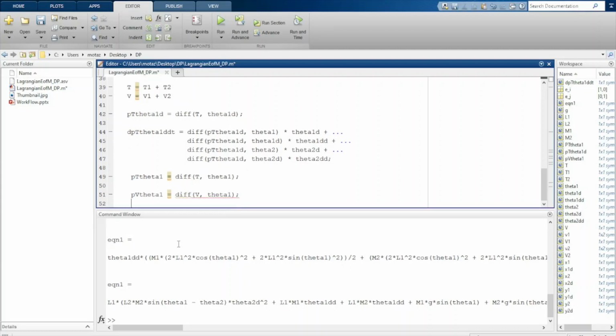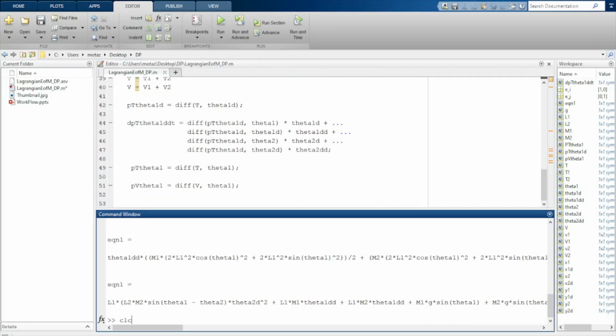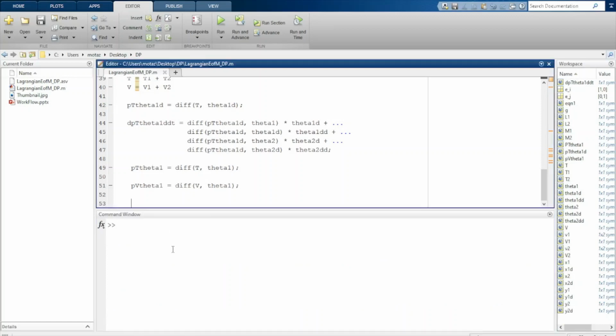Okay, and then the Lagrangian equation of motion is the first term minus the second term plus the third term. So the first term is this, minus this, plus the third term.